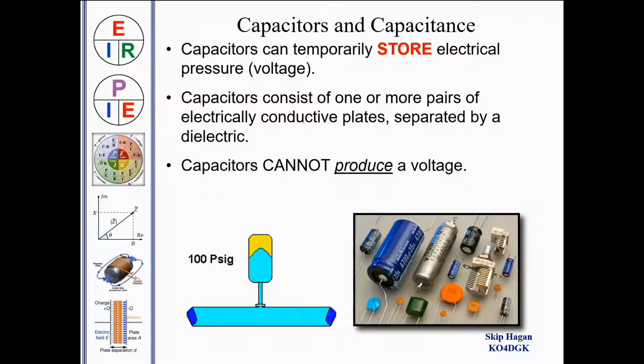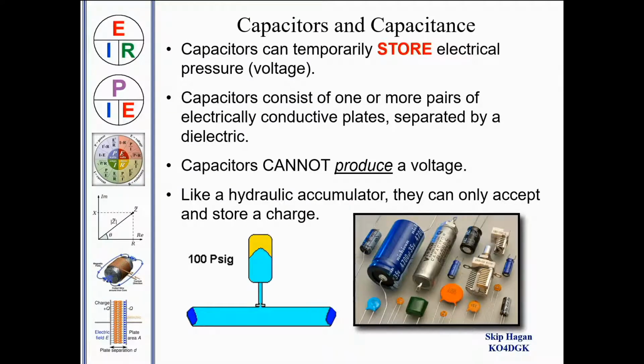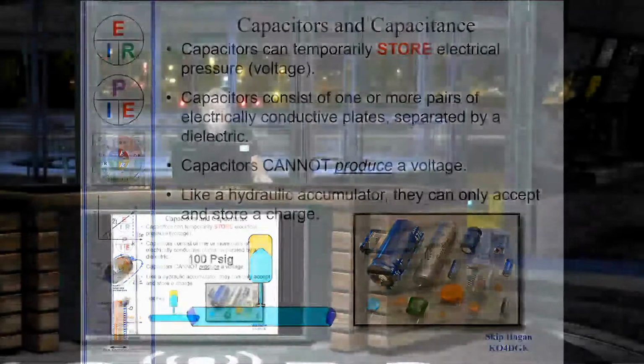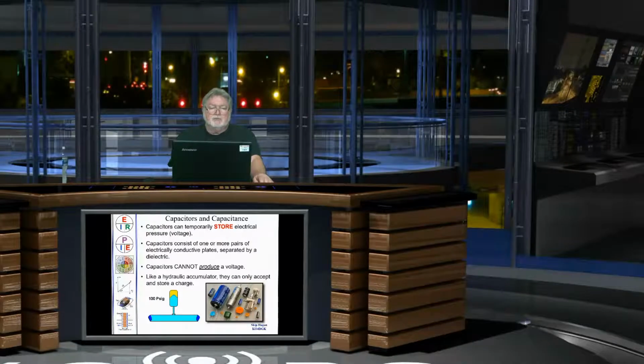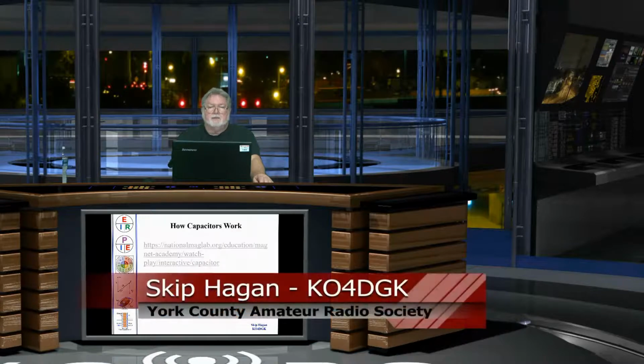It is important to note that capacitors cannot produce voltage like a generator or a battery. You may have a well pump or a tank under your kitchen sink that holds water, as we just talked about, and that accumulator accepts a charge of water until it's needed. And when it sees the system pressure go down, it discharges water from that accumulator for use to try and hold that water pressure up for as long as it can.